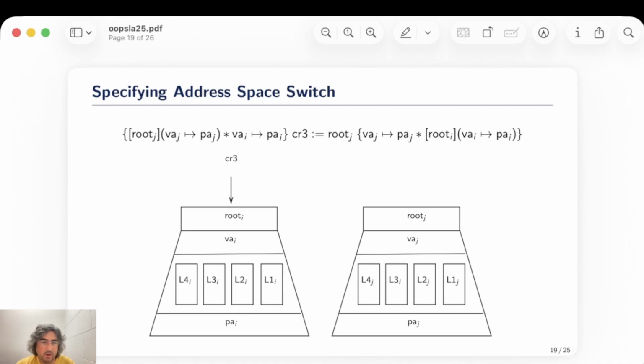This duality gives us the luxury of not annotating the virtual pointer assertions with the root address space names. VAI points-to PAI does not include that; that form of this assertion does not have any naming related to root I.